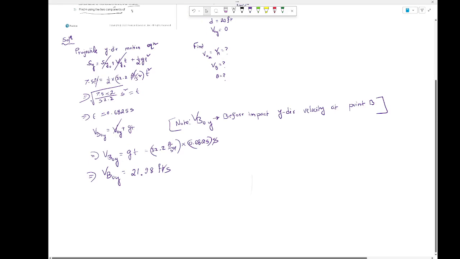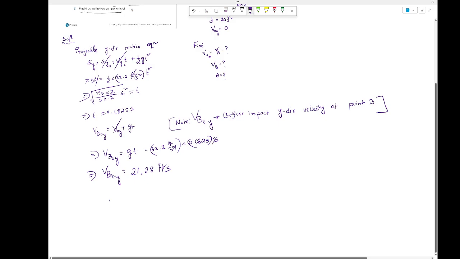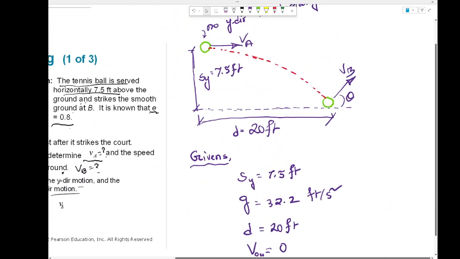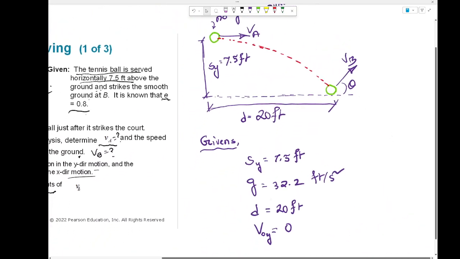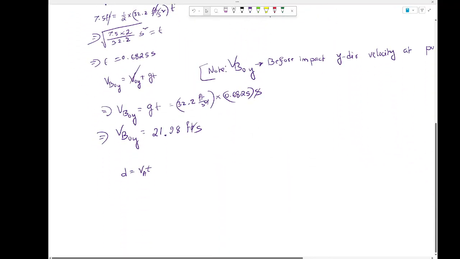All right. So I'm going to next deal with this: d equals VA t. Now, anybody remember what d is? 20. Yeah, that is 20. Everybody see that d on the sketch? All right, so I do know that value. So I'm going to write the value of VA, which is d over t, and that is, everybody say 20. I'm going to simply write the value. So 20 feet divided by t, which is 0.6825 second, right?